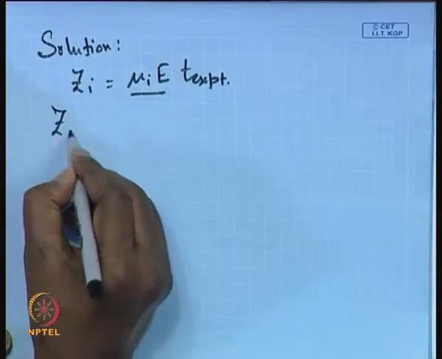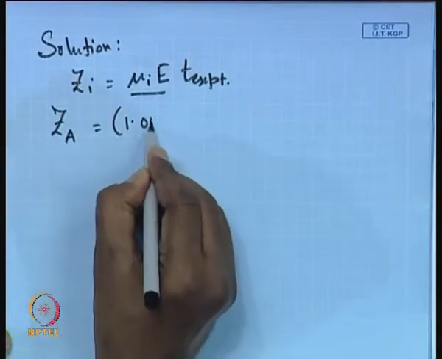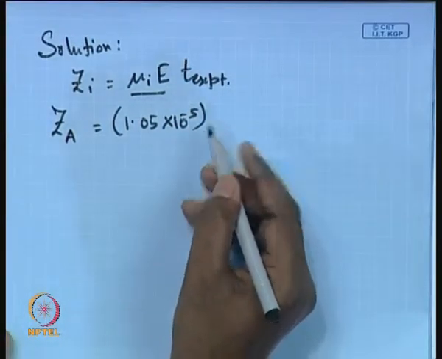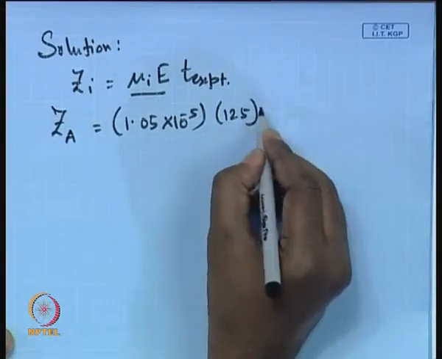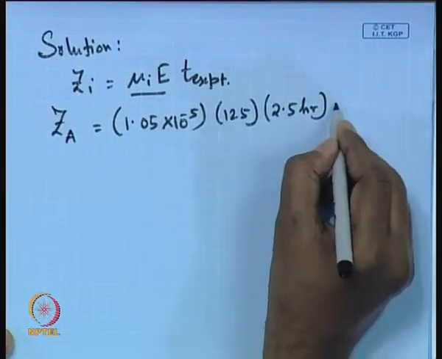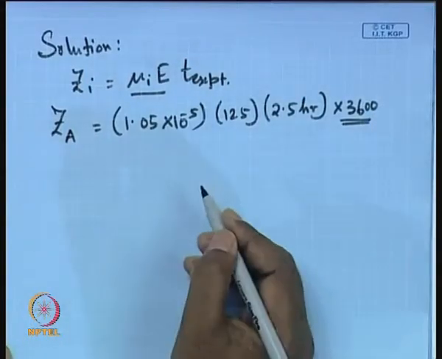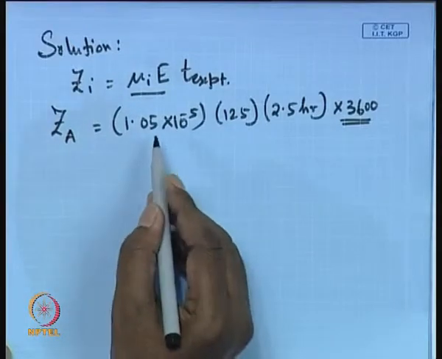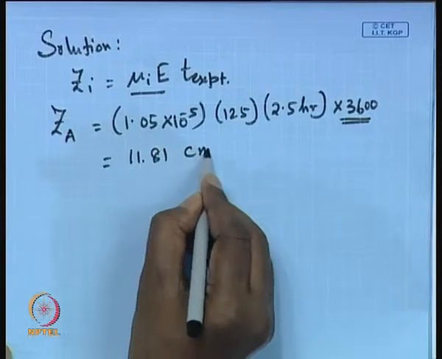So, for protein A, the distance Z A is 1.05 into 10 to the power minus 5 into 125 volts per centimeter into 2.5 hours into 3600. This conversion factor converts hours into seconds, because the electrophoretic mobility is given in seconds. This Z A turns out to be 11.81 centimeter.